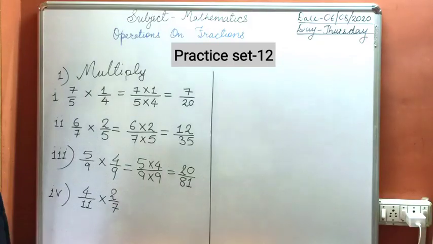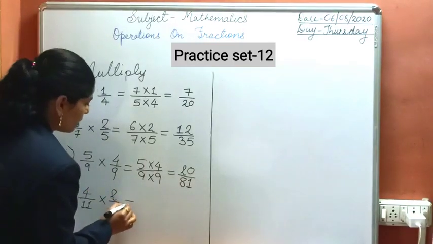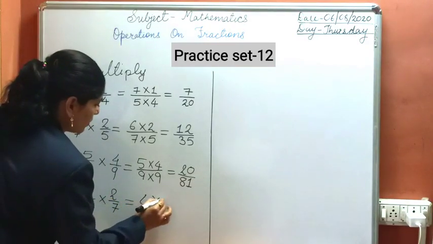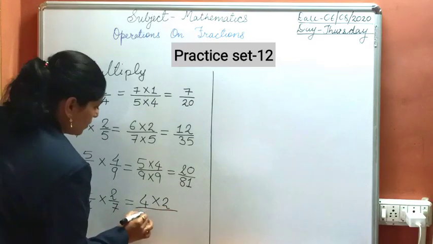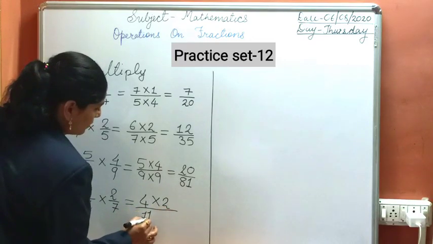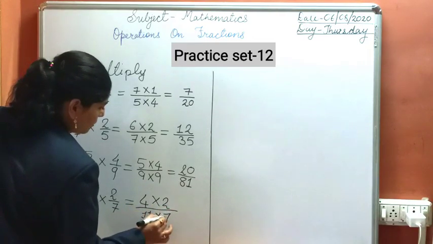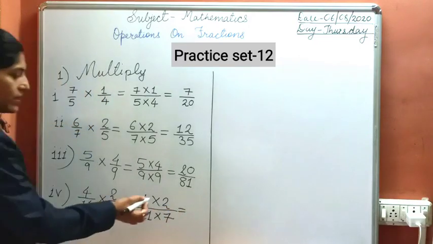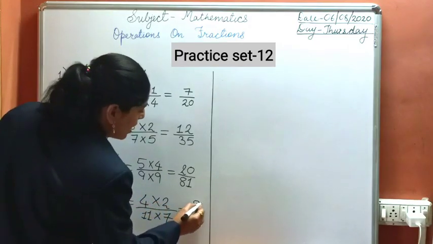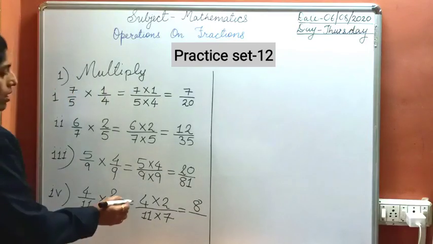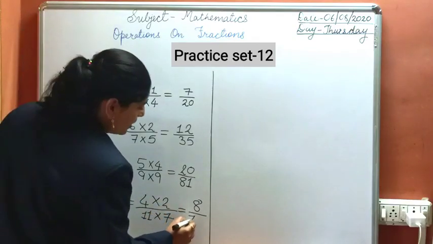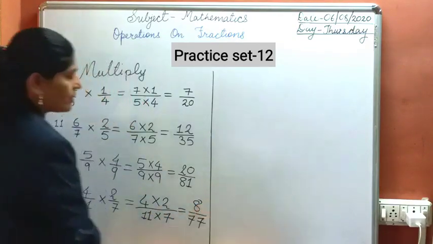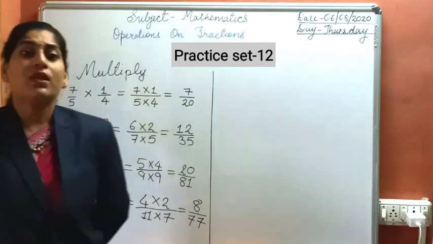So, 4 multiplied by 2 upon 11 upon 7. 4 twos are 8 and 11 multiplied by 7 is equal to 77. So the answer is 8 upon 77.